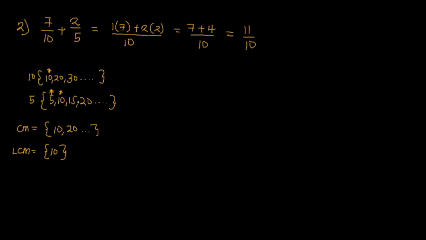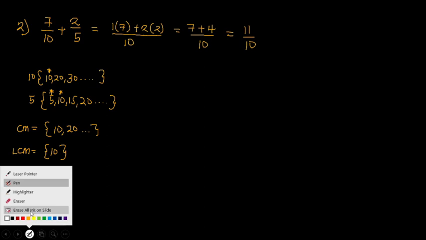Alright, so let's have a look at other examples. So we have 3 over 12 plus 2 over 4.